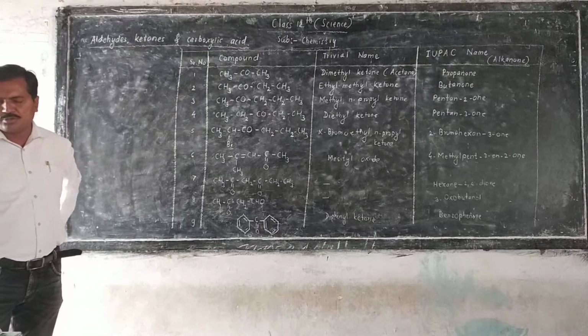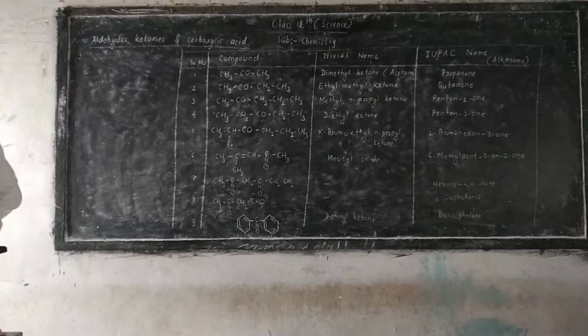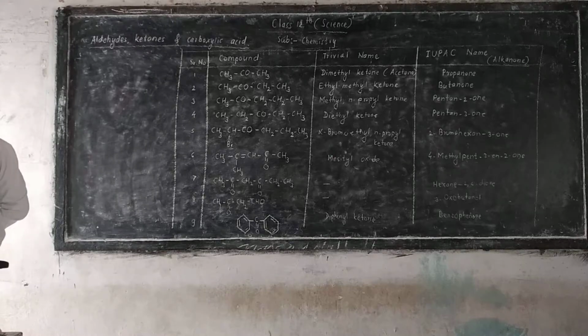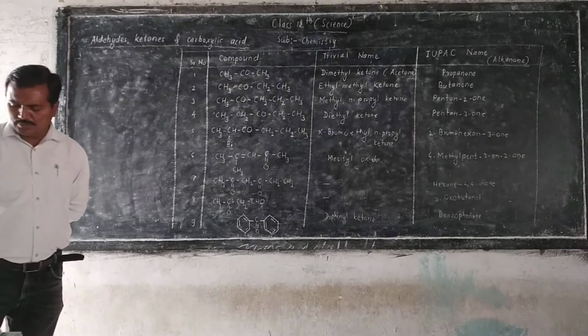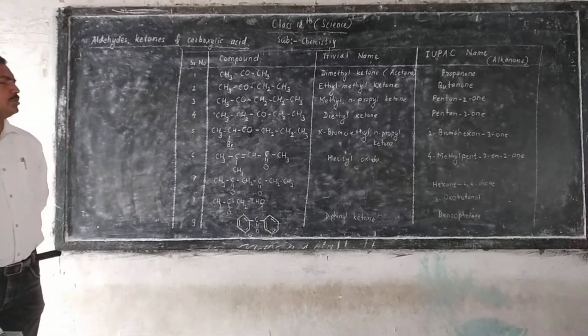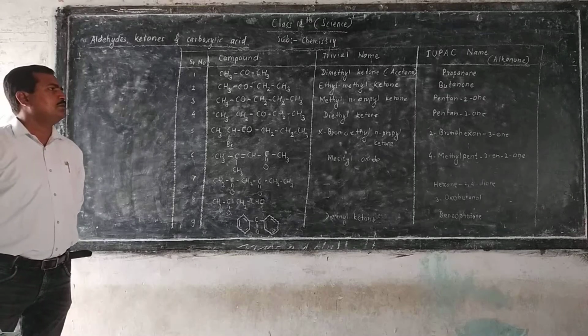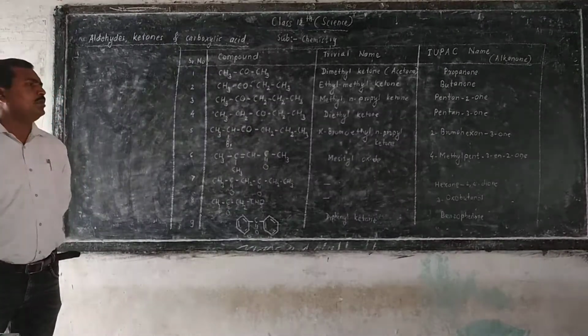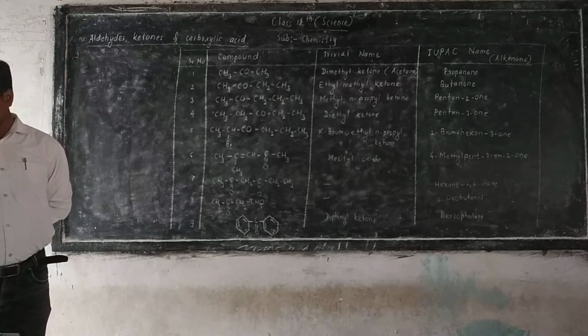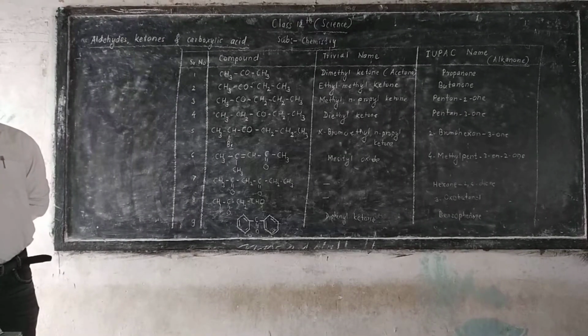or aryl groups attached to the carbonyl carbon, and the names of the alkyl or aryl groups are written in alphabetical order followed by the word ketone. Prefixes like di, tri are used, and also alpha, beta, gamma are used.